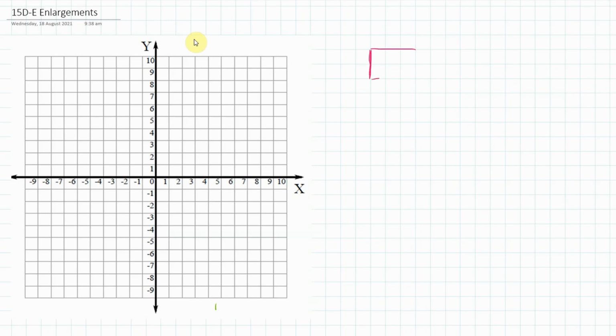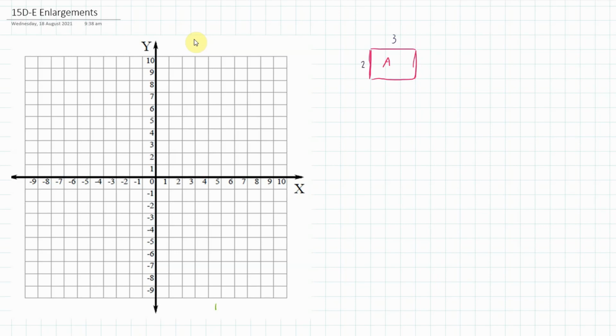So here's our rectangle. Okay, and this is A, and we are being asked to enlarge it with a scale factor of 2. So what happens is you can see that this is a 2 by 3 rectangle.